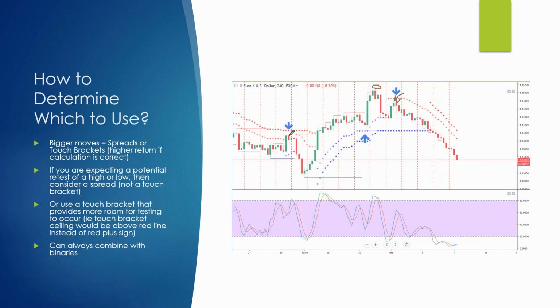Let's say that I was entering here, then I would want to make sure that the ceiling price is above this area. If I'm entering a long right here, then I want to actually make sure that my touch bracket is below this.